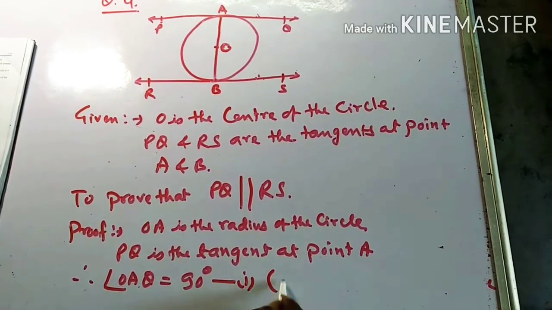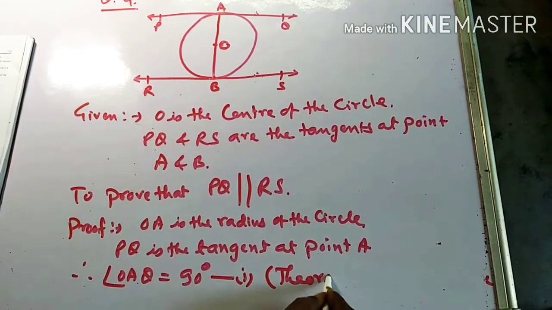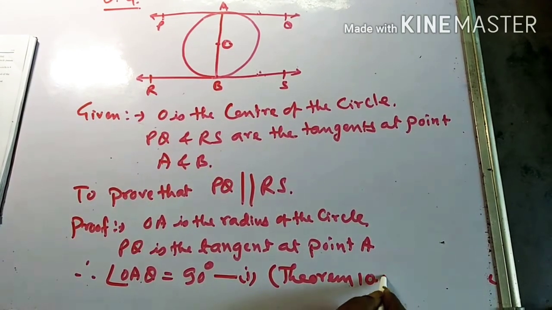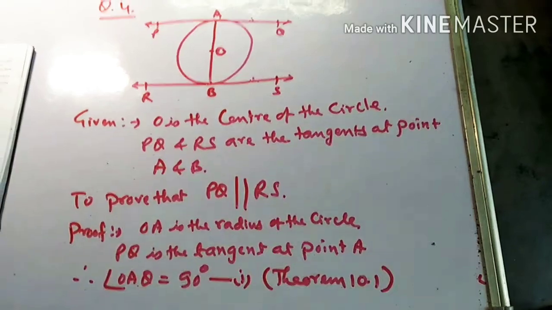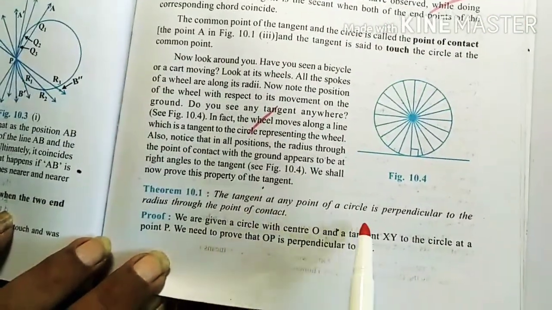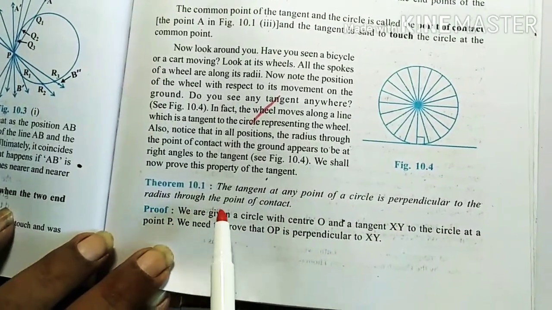This is from theorem 10.1, that is radius is perpendicular to the tangent. This is from theorem 10.1: the tangent at any point of a circle is perpendicular to the radius through the point of contact.